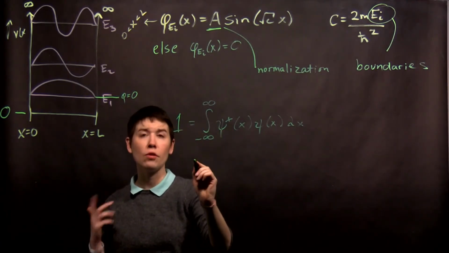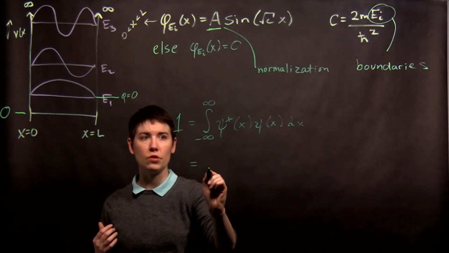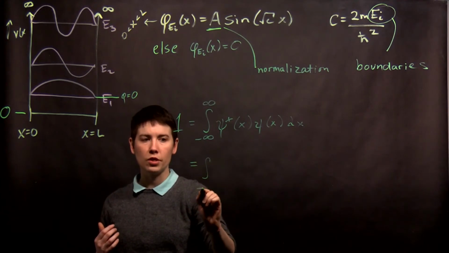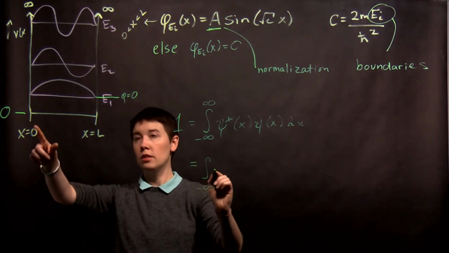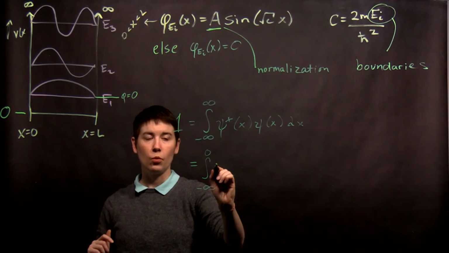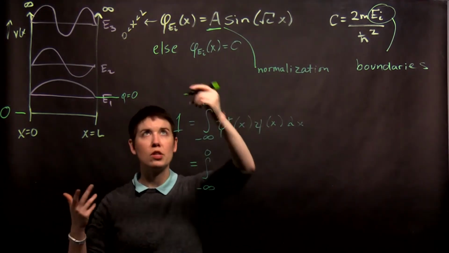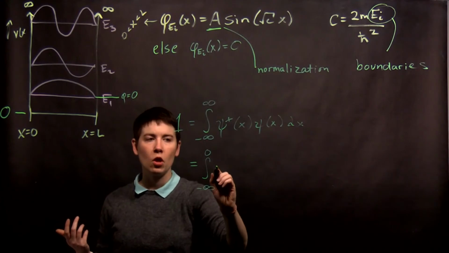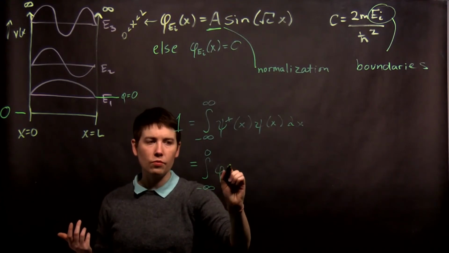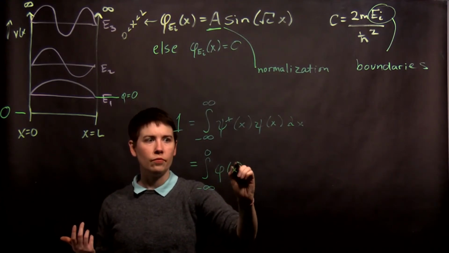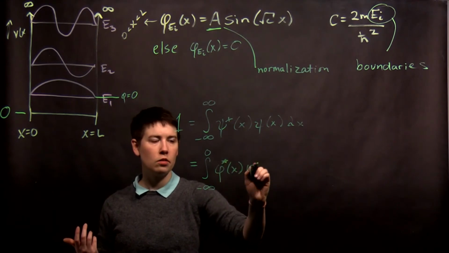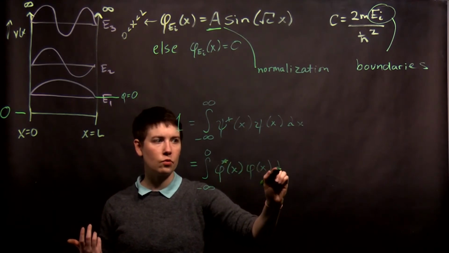We now actually have three different regions here. One region is from negative infinity to 0. We have some wave function there. Sorry, I've written it psi, but we're going to be working with these energy eigenfunctions. So I have my energy eigenfunction, and I'll just shorten it: star energy eigenfunction dx.